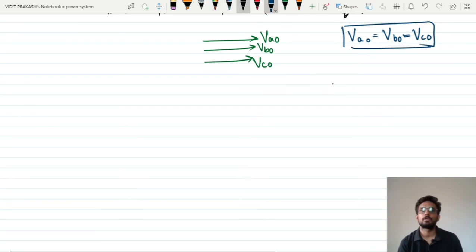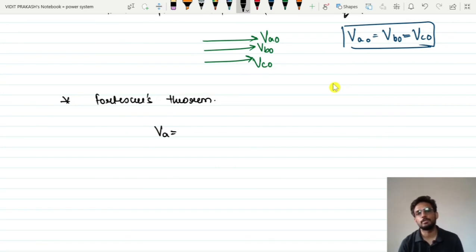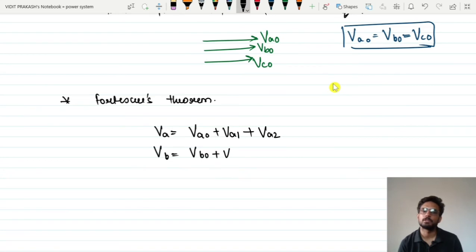Now according to Fortescue theorem, VA, that is the phase voltage, is equal to VA0, I start with the zero sequence component, plus VA1 plus VA2. What about VB? That is equal to VB0 plus VB1 plus VB2.